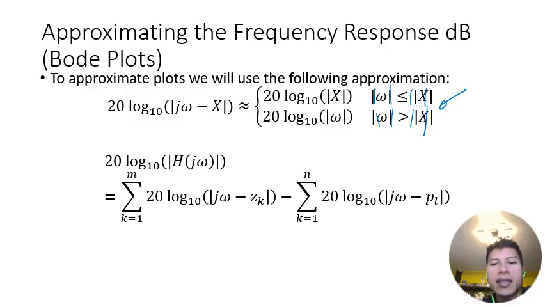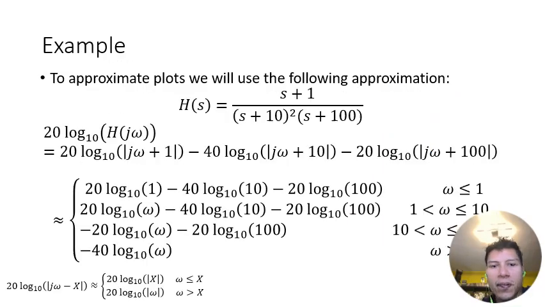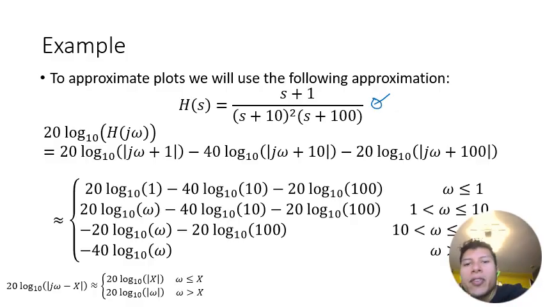So let's go ahead and look at a more complicated example. Let's say we want to approximate plots of the frequency response, the magnitude of the frequency response of this transfer function.